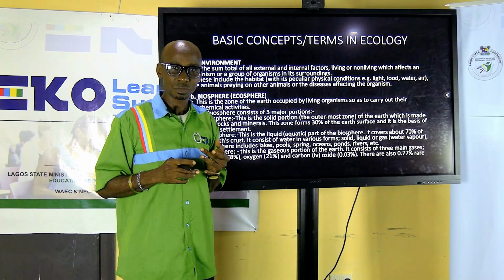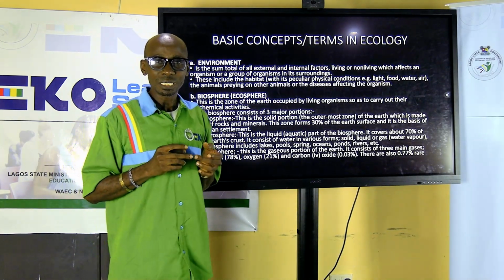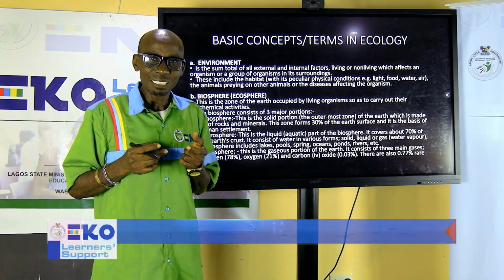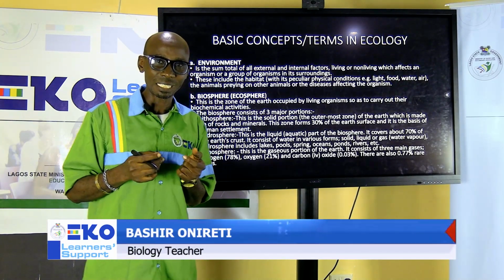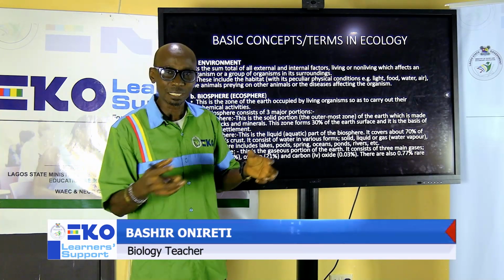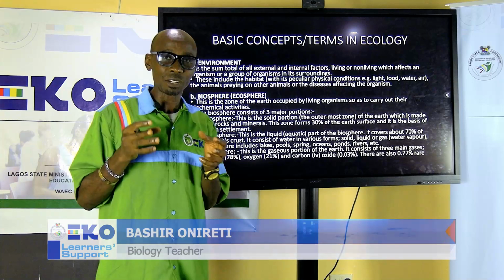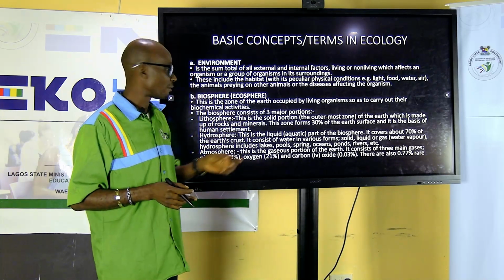Everything: the sun that shines on us, the rain that falls on us, the temperature that hits our body, the rat that resides in our houses, the mosquito that bites us, our friends around us. Everything that surrounds us, both living and non-living, makes up our environment.